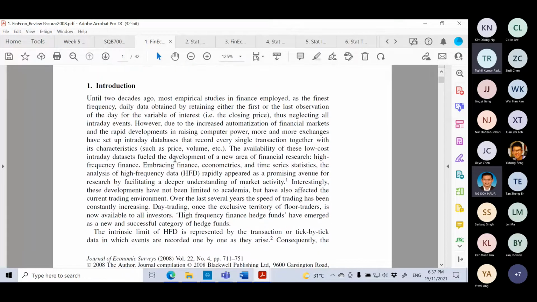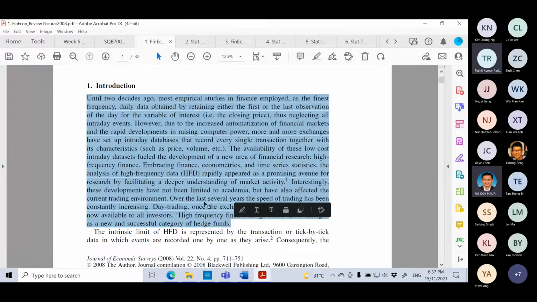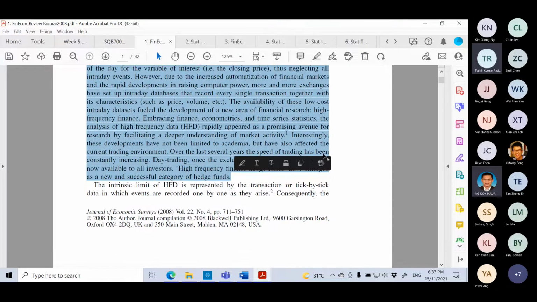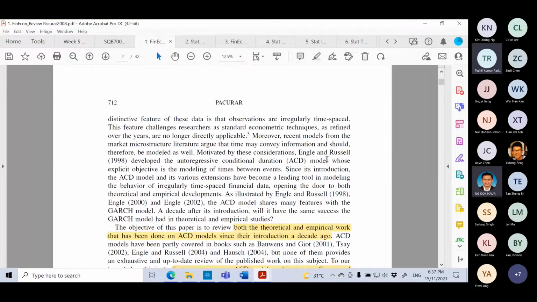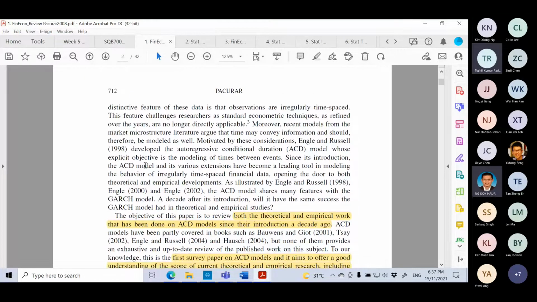So if you go through the paper, roughly, the first paragraph will mention the introduction about what high frequency data is, because the ACD model is related to high frequency data. Then after that they will mention the existing ACD models they have, and the motivation of the ACD model.